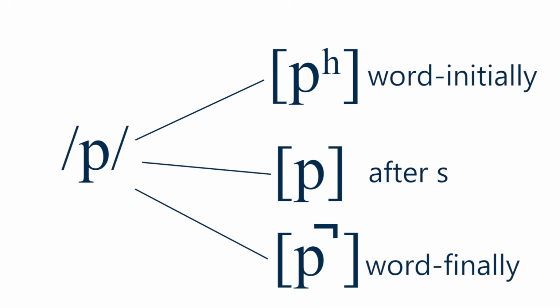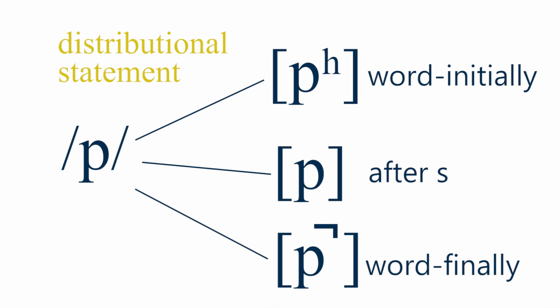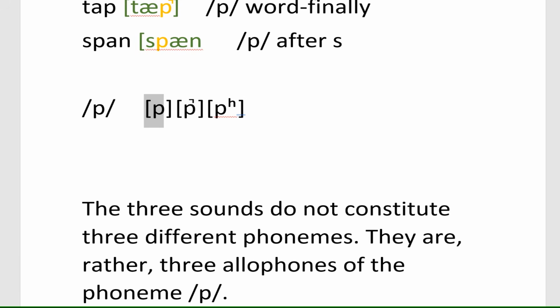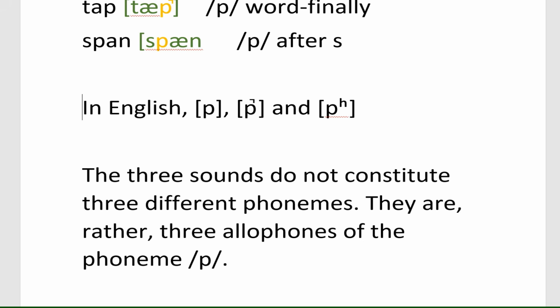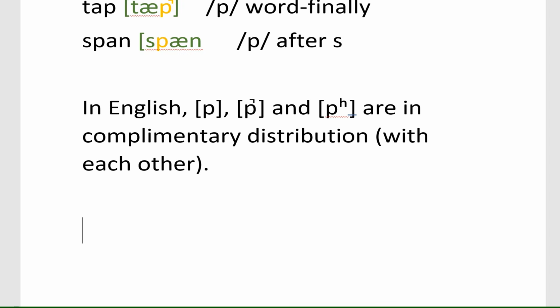This way of writing is called a distributional statement. When these sounds are different variants, different allophones of this phoneme, we need to make a language-specific statement because phonology is language-specific. In English, these sounds are in complementary distribution.